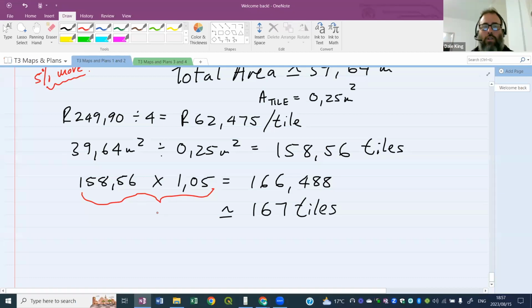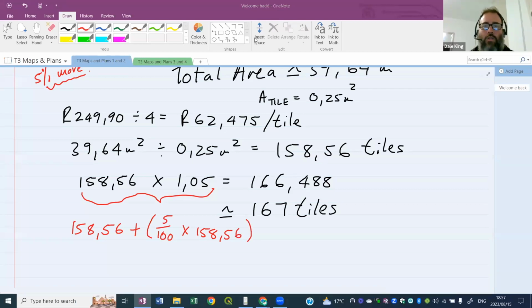I said there's usually a 2-step process here. You guys are used to saying 158,56 plus 5% of 158,56.